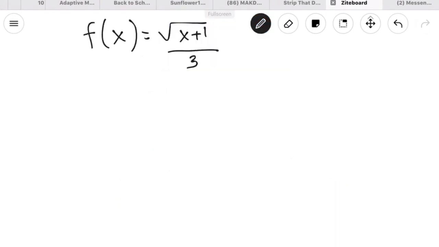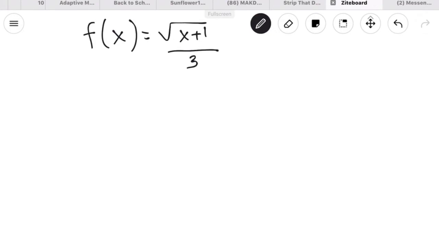So this is my last example on how to solve the inverse of a function. First, we always need to follow the rules. First, replace f of x with y.